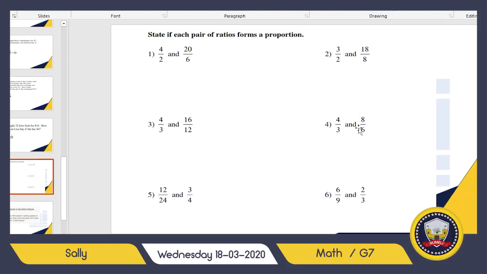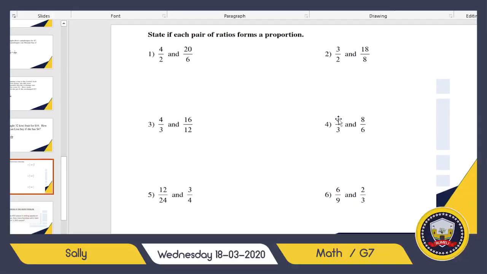So here, if you have two ratios in the exam and the question asks, state if each pair of ratios form a proportion, I will just cross multiply. As we said several times, the key word for proportion is cross multiplication. Cross multiply.